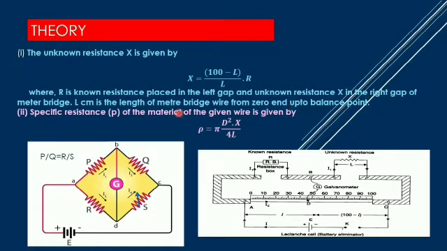L centimeter is the length of the meter bridge wire from the zero end up to the balance point. Since we also have to find the specific resistance, the formula for rho is pi d square into X upon 4L, where d is the diameter and X is the unknown resistance which we will calculate from the observation table.